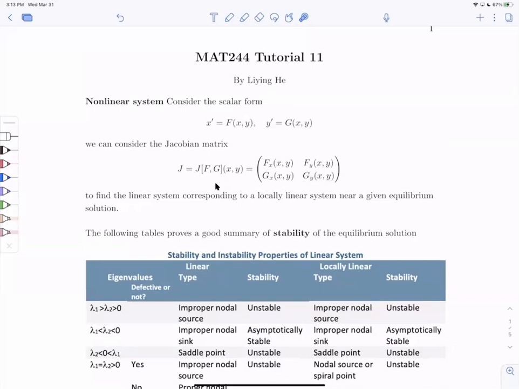Other than that, I also want to talk about the ecological model, which is the predator and competitors model. I'm not sure if you guys have talked about it yet, but you will either this week or next week.